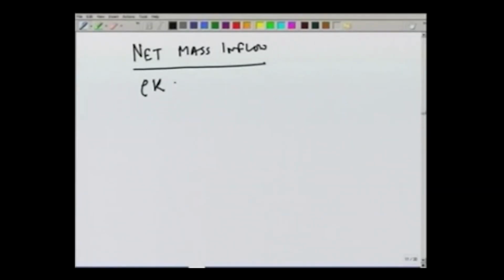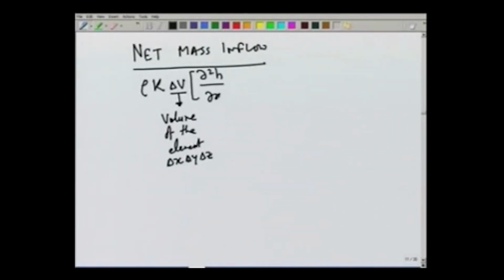Delta x, delta y, delta z, we can combine them as delta V. This is the volume of the element, into we have the contribution from the x direction del 2 h by del x square, and similar terms for y and z direction.